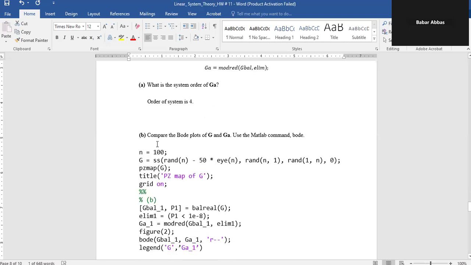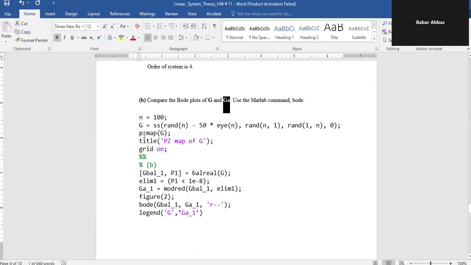And part B says to compare the Bode plot of G and Ga, the transfer function and the reduced transfer function with the model reduction. So this is the MATLAB code. We have the pzmap of G, and here we are eliminating the values whose magnitude is less than e to the power minus 8.